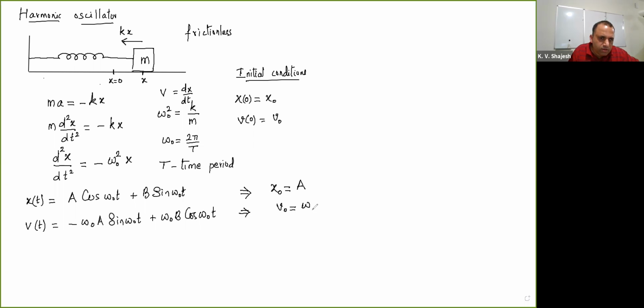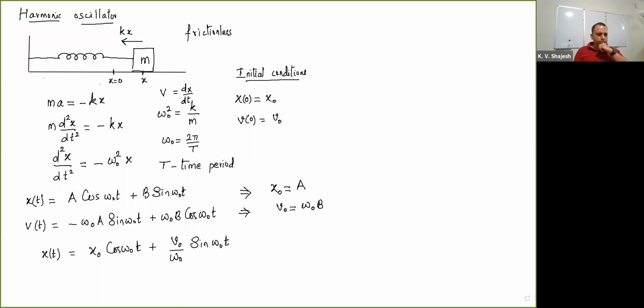It is the cosine function that survives, and so it's omega naught times B. And together, once I have A and B, I now have the solution as x of t is equal to A, which is now x naught, times cosine of omega naught t, plus B, which is v naught over omega naught. So that's using the second equation here, times sine of omega naught t.